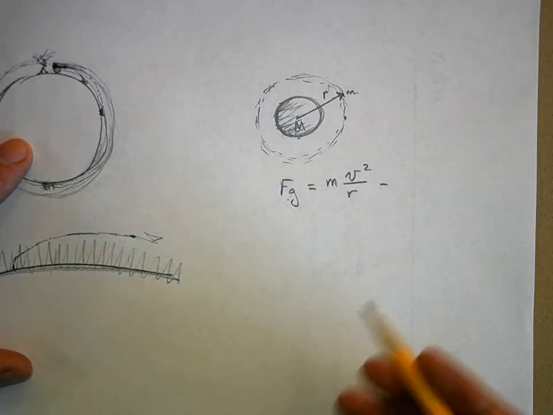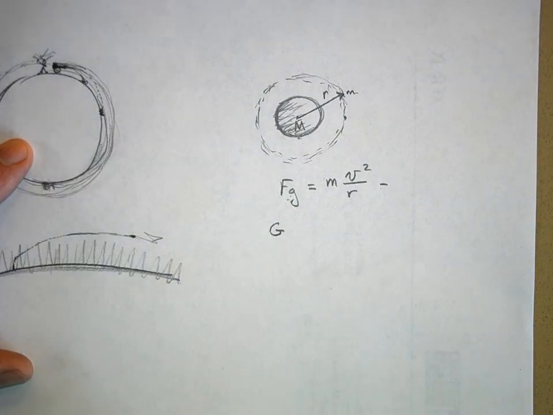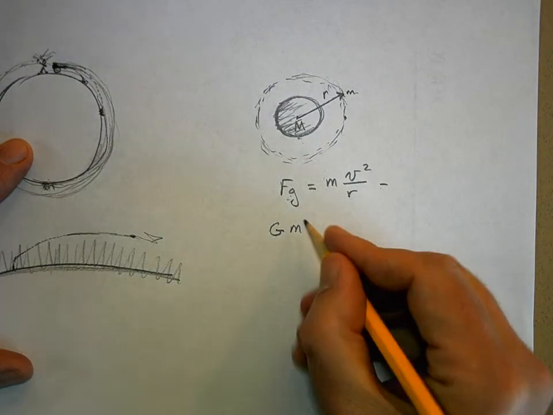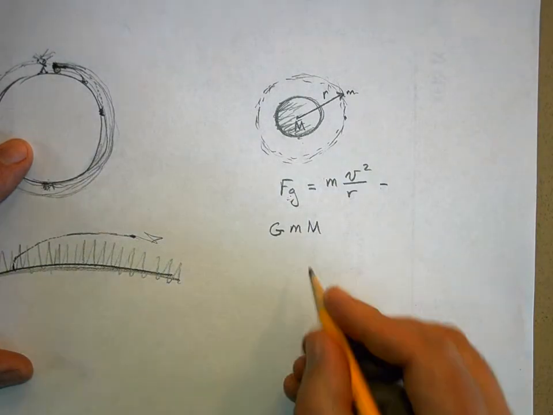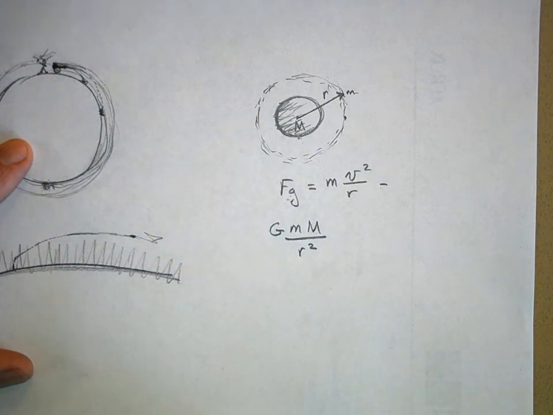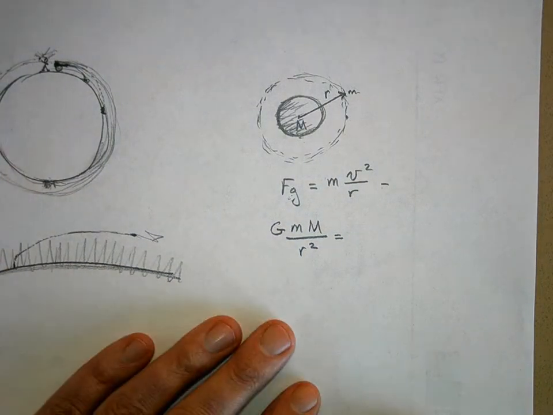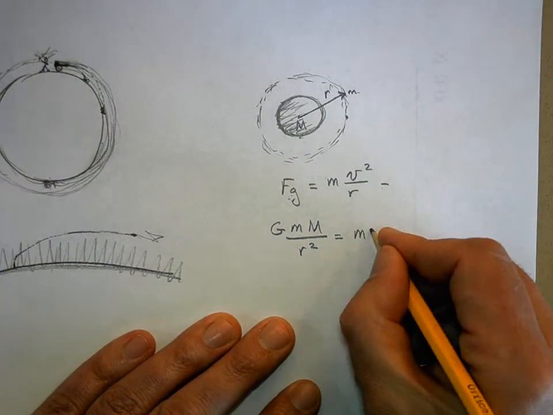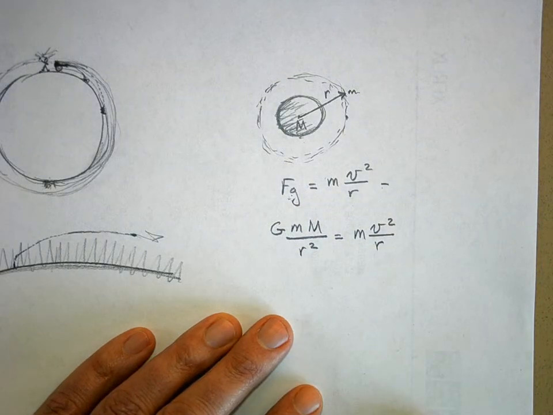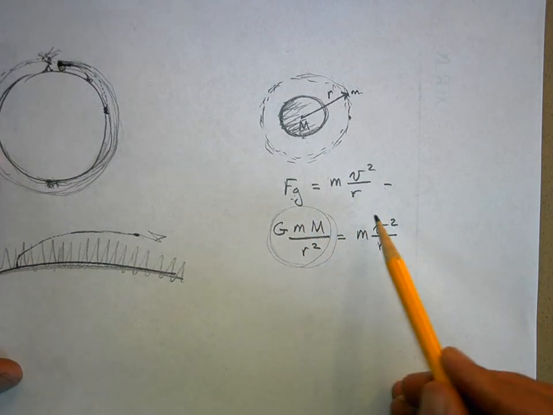So I can say that the force of gravity is equal to the universal gravitational constant times the mass of my spacecraft times the mass of the planet divided by the radius of my orbit squared is equal to mv squared over r. Now, when you're in circular orbit, the force of gravity is a centripetal force.